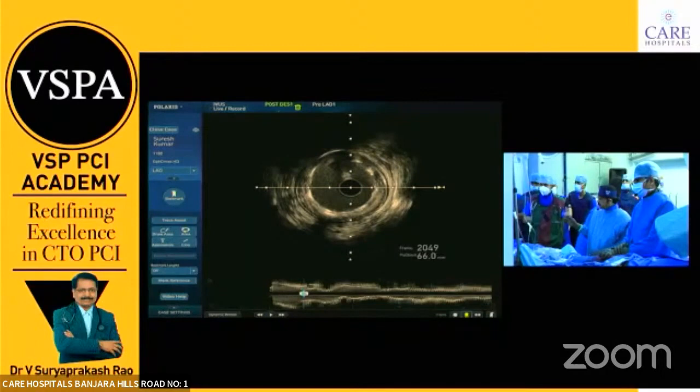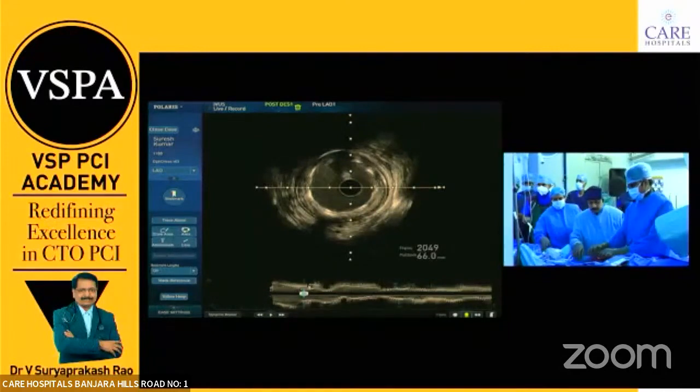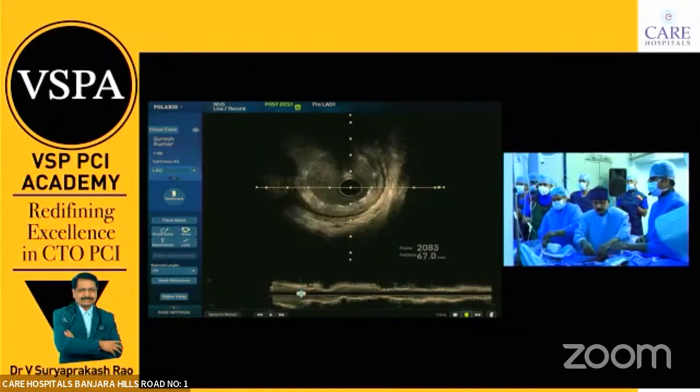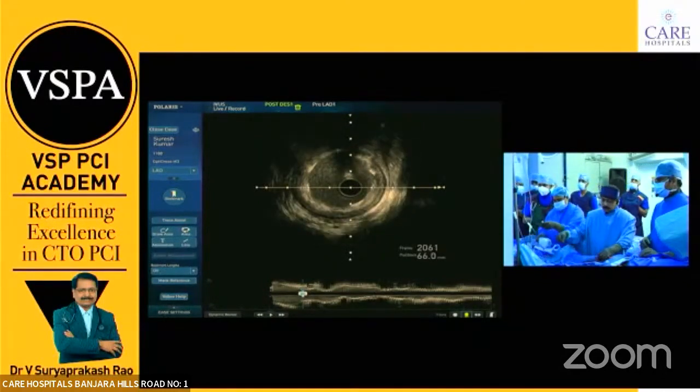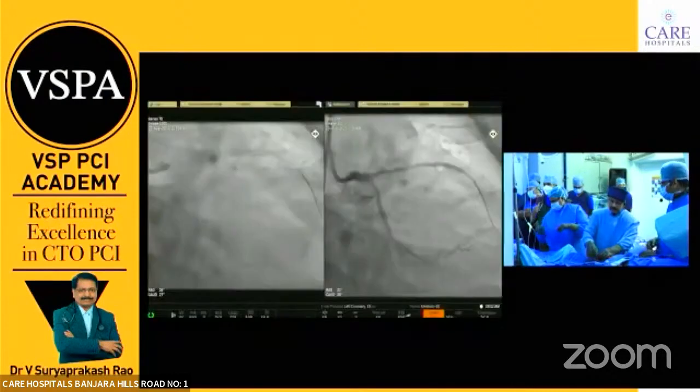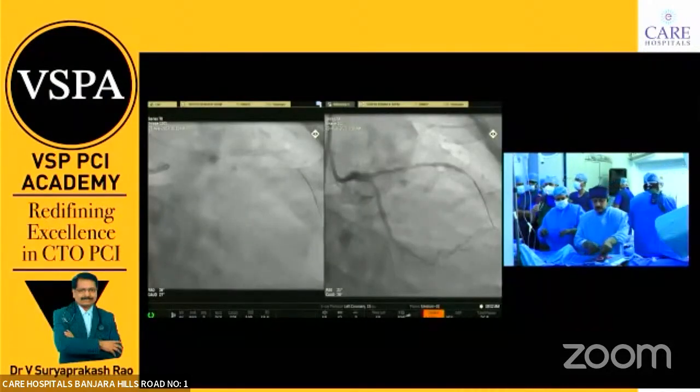We can go to 24 atmospheres with the same balloon. You can give the same balloon. Maybe at the proximal end, we'll go with a 3.5 balloon.